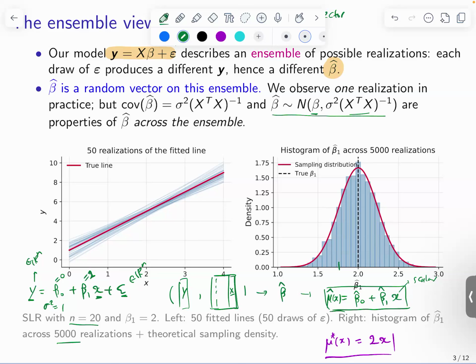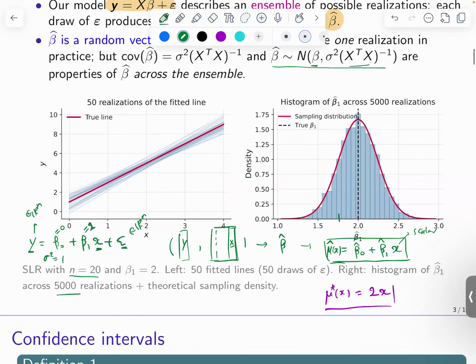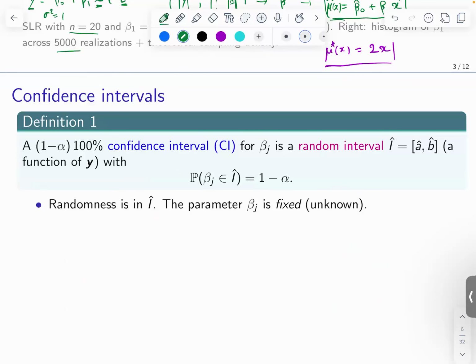So that's a frequentist interpretation of the probability. When you say 95% confident, what we really mean is the probability. The actual statement would be something like this. A 1 minus alpha confidence interval for beta j, let's say alpha is 0.05, is a random interval. So it's one of those ensemble quantities.